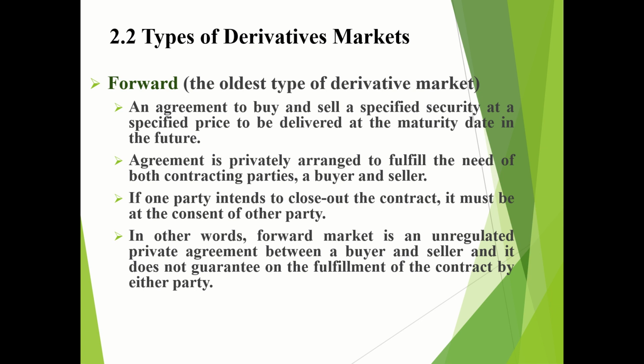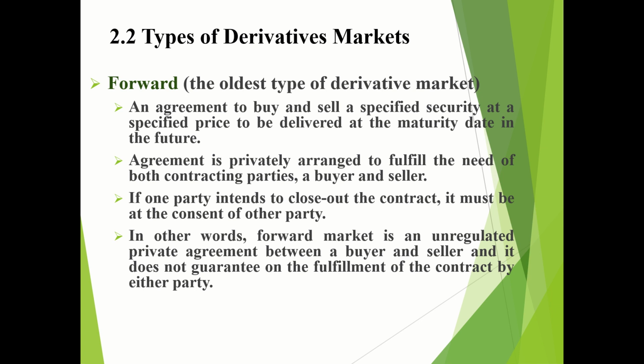Dia cakap kat seller, okay, let's say Ali ada kebun buah kelapa. Okay, Abu pergi kat dia, Abu kata aku nak beli lagi sebulan, nanti nak raya, okay, I need a lot of santan, so I promise you to buy pada harga 100 kilo berapa ringgit, contoh 100 kilo RM300, contoh macam tu.